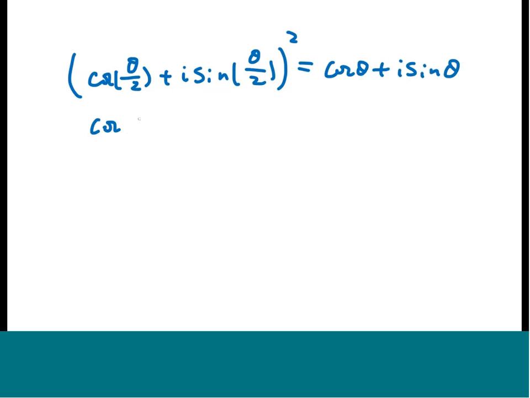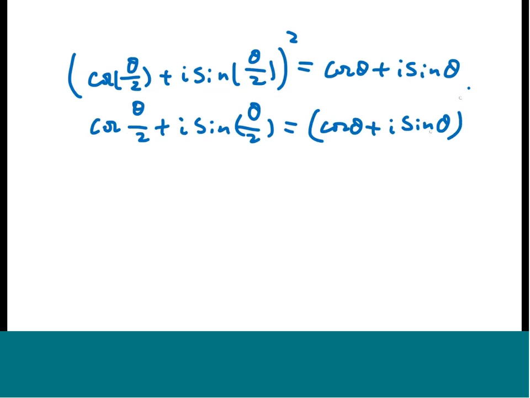Which means cosine theta over 2 plus i sine theta over 2 should be equal to 1/2, right?